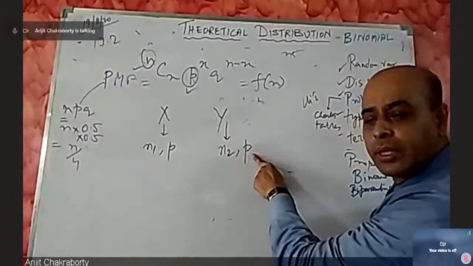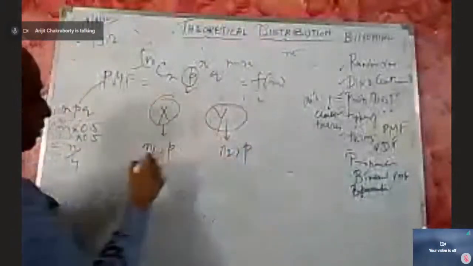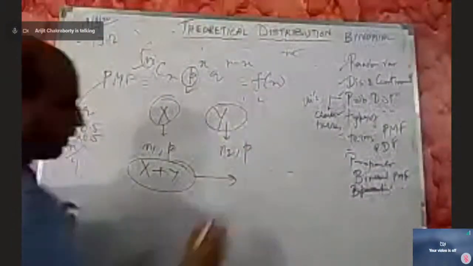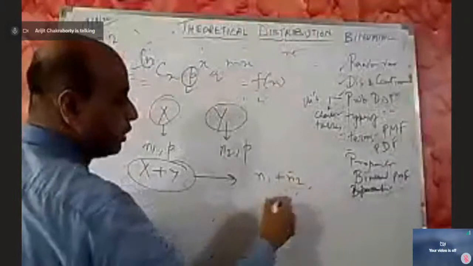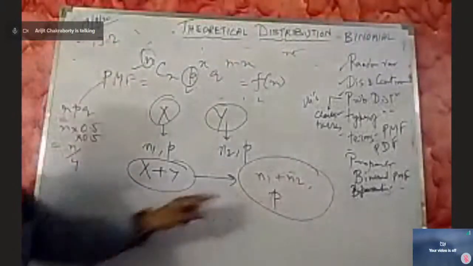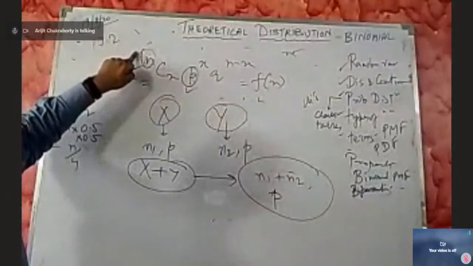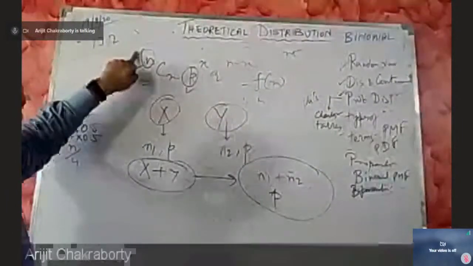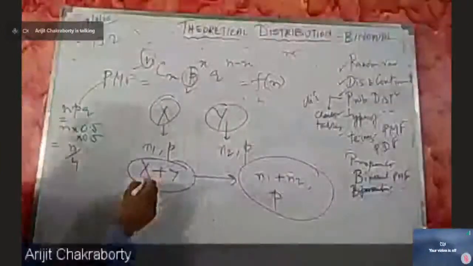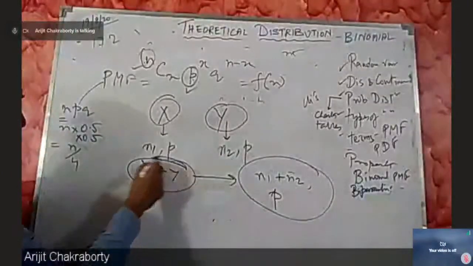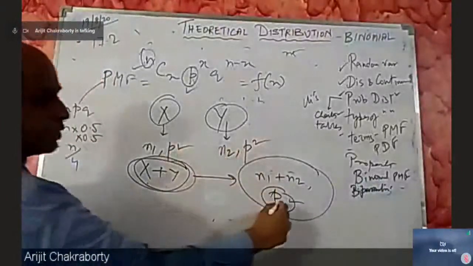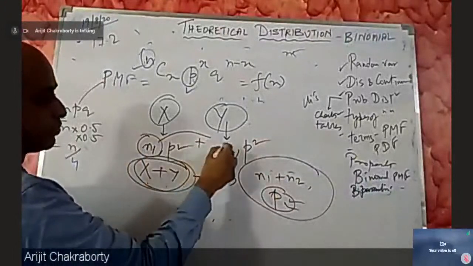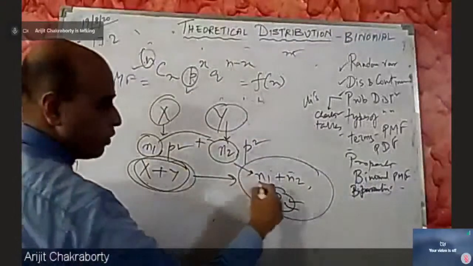In that case, x plus y will have the parameters n1 plus n2, and probability will remain p. Instead of nCx, it will become n1 plus n2 Cx when you want to find the probability mass function of x plus y, and the probability will remain as p. So this p remains as it is, only this n1 is added with this n2 and we get n1 plus n2.